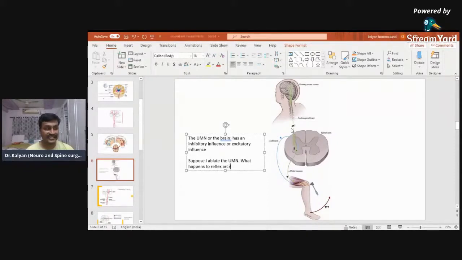I'm waiting for an answer. Right. When we ablate the UMN, the reflex arc becomes overactive. This concept I want you to remember.